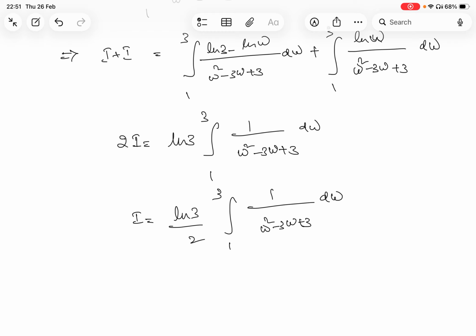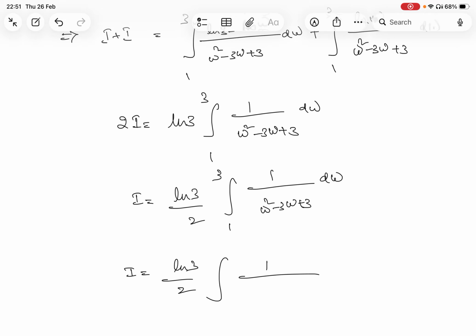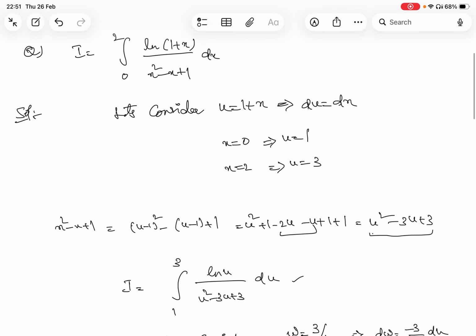Now you can change it back to x, right? I becomes ln 3 by 2 into 1 by w square minus 3w plus 3, where w is just a dummy variable, right?